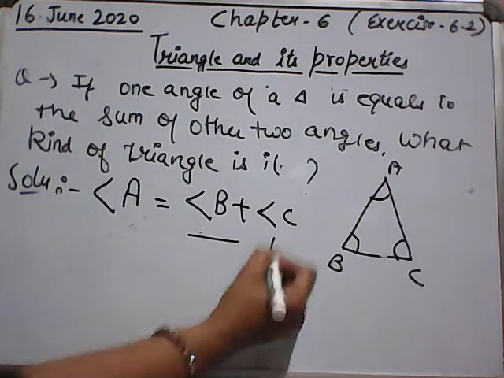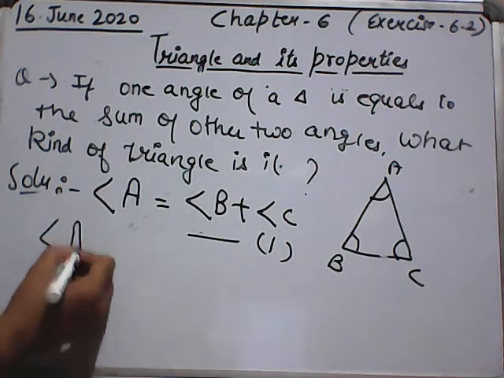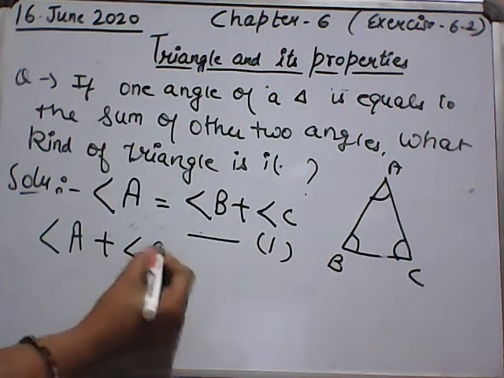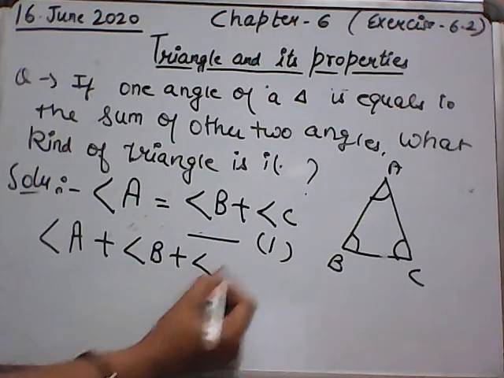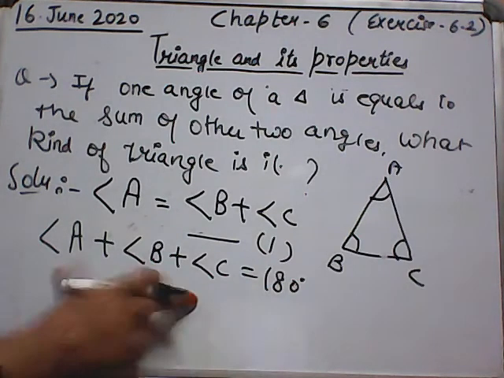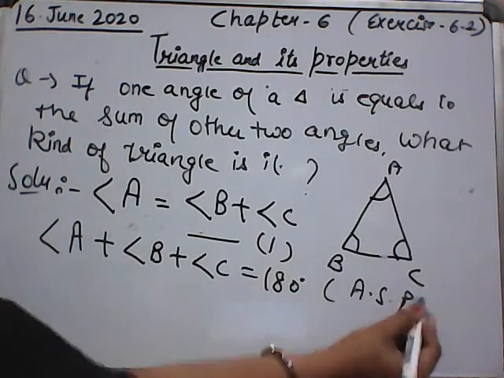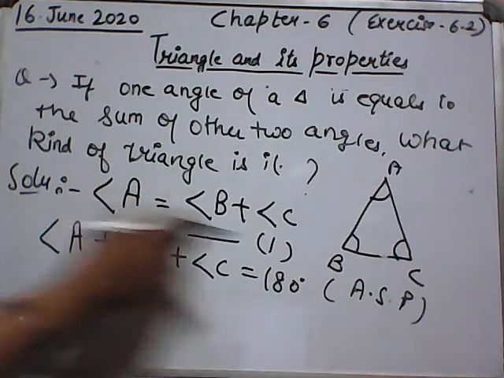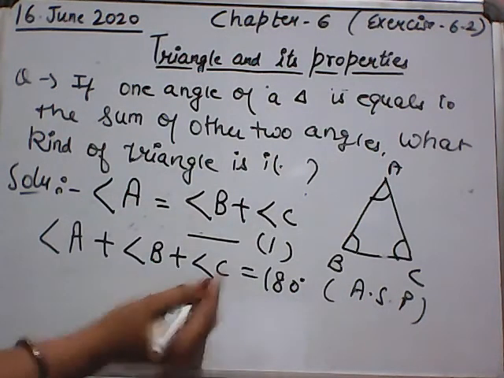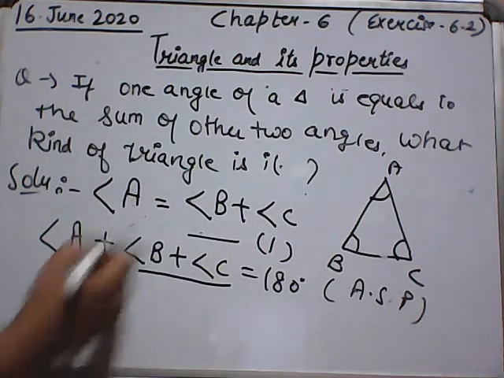Let us consider this equation as equation number 1: angle A is equal to angle B plus angle C. But we know the angle sum property: angle A plus angle B plus angle C is equal to 180 degrees. The sum of all angles of a triangle is 180 degrees. Now put the value of angle B plus angle C from equation 1.